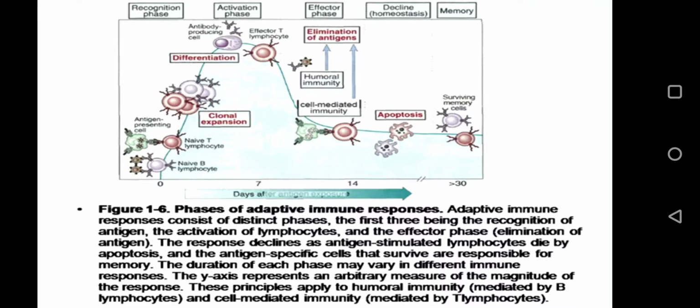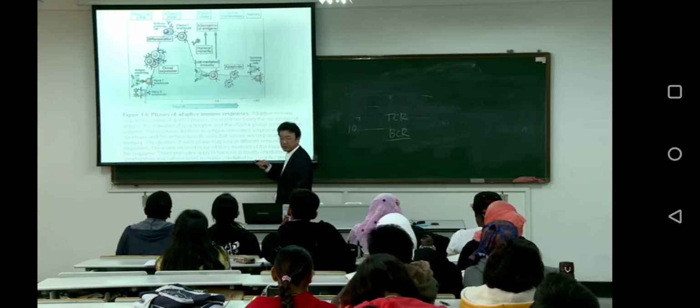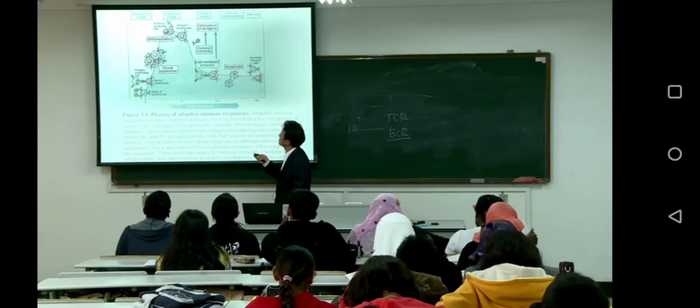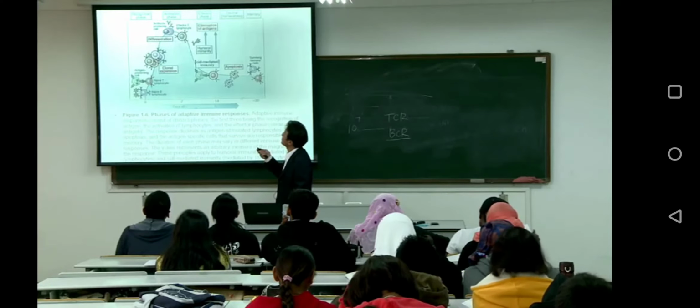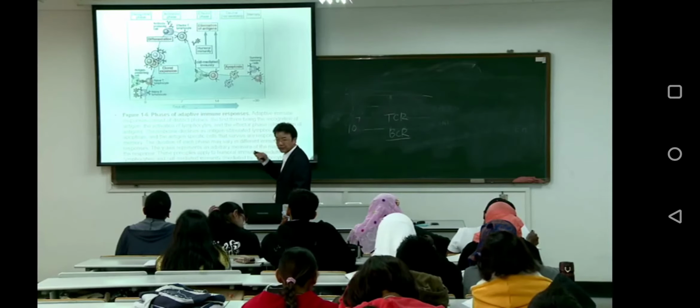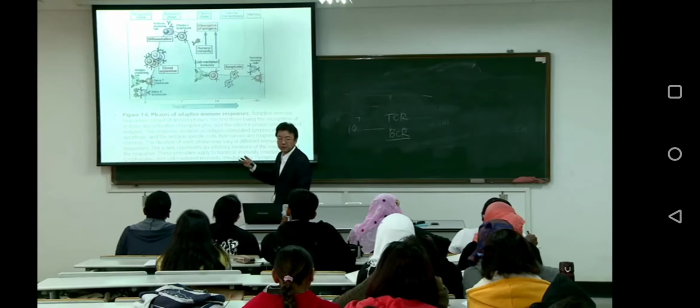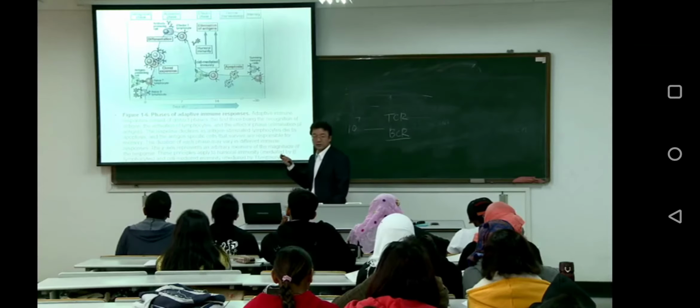The naive T lymphocyte and naive B lymphocyte receive the antigen stimulation, become activated, then go through clonal expansion to differentiate into different effector cells. B cell produces antibody.